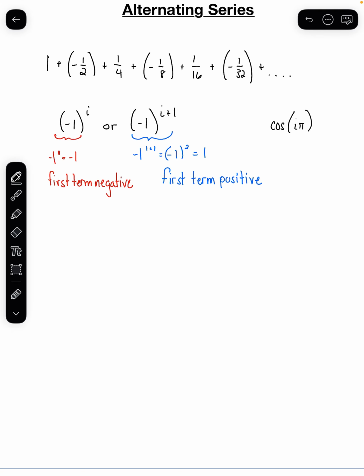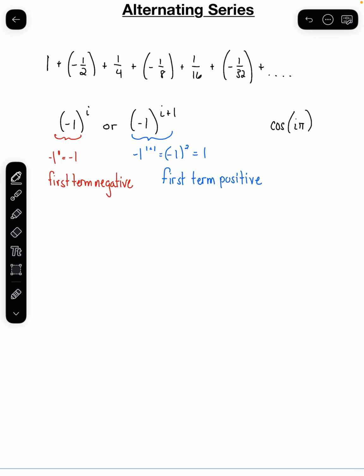Remember that cosine at integer multiples of pi will always have the value of +1 or -1. So in this way, when I is 1, we have cosine of pi is -1. When I is 2, we have cosine of 2 pi, which is +1, and so forth.